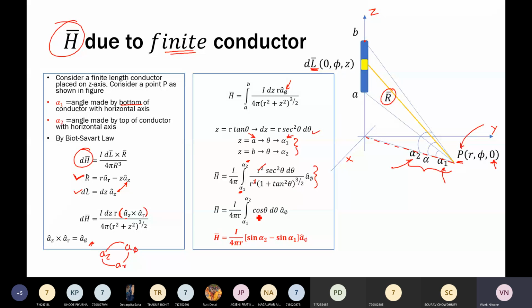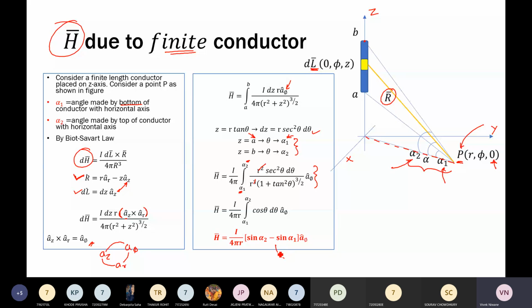Solving this one, we will end up with cos theta d theta a phi cap, and the limits are alpha 1 to alpha 2. So we have the integration of cos as sine, and putting the limits, sine of alpha 2 minus sine of alpha 1 a phi cap.